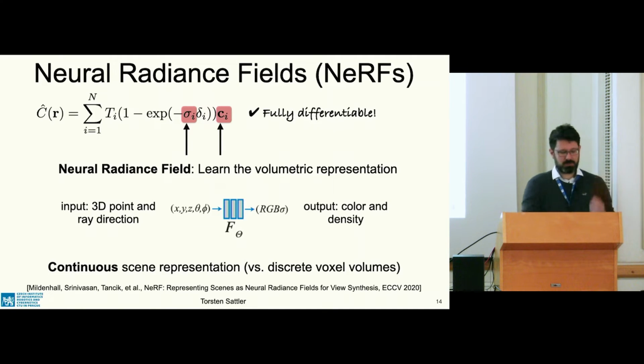So you end up with a scene representation that's continuous compared to the discrete representations that you had for voxel volumes.